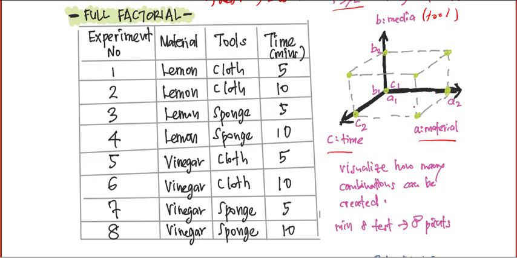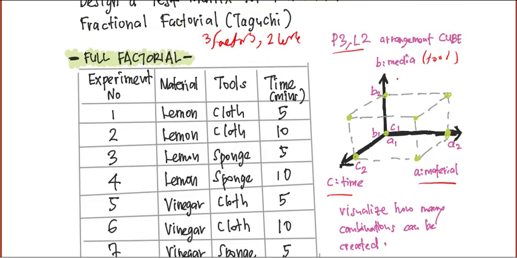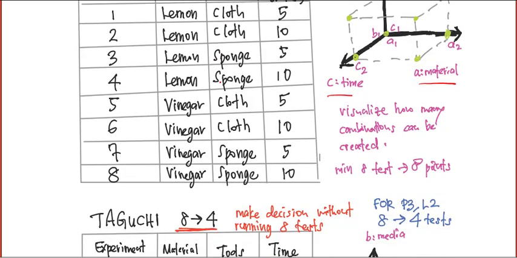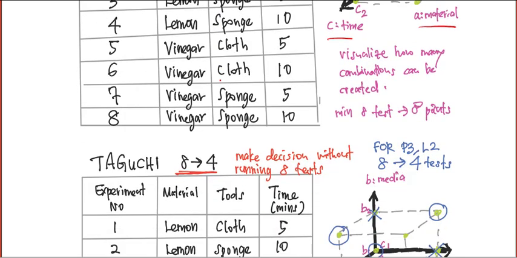And for each one of them, we have 2 different levels: level A1, A2 for material, level B1, B2 for tool, level C1 and C2 for time. So this is the 3D visualization of our data points which we can have. And so we need to at least have 8 different tests.